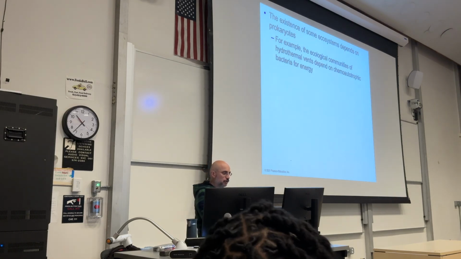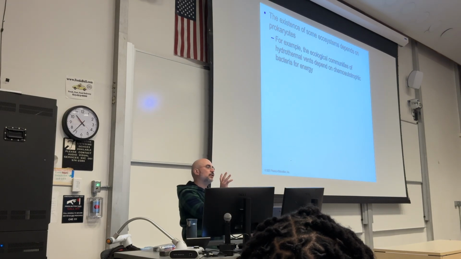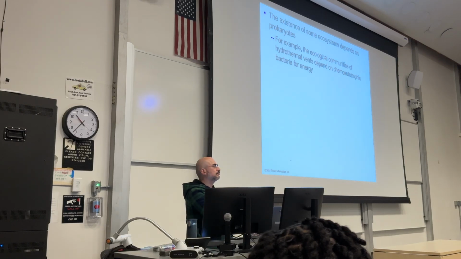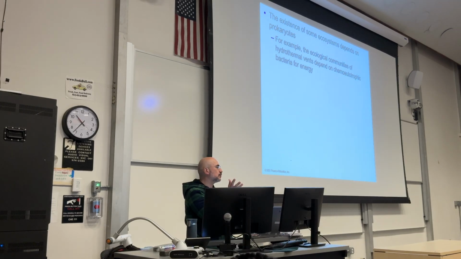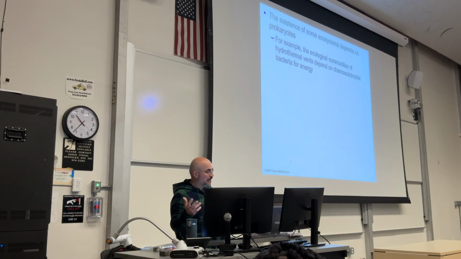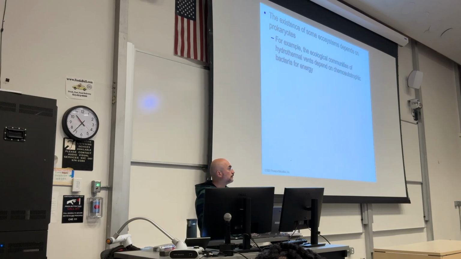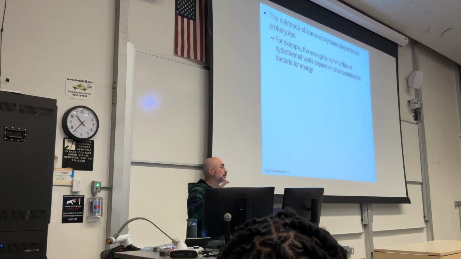Okay, so what we just mentioned is very close to us because we need the plants to produce our food and also the food for our farm animals. But bacteria are also very important in other communities that we don't see very often, for example, in the hydrothermal vents on the ocean floor.